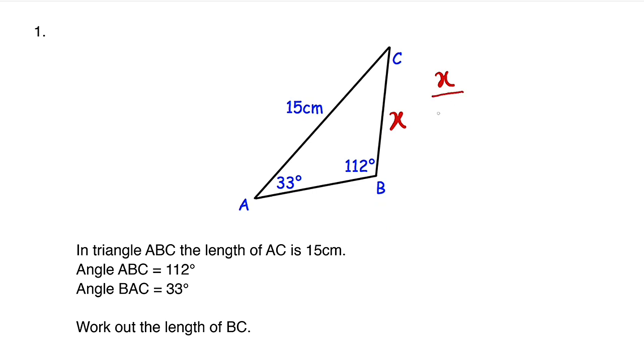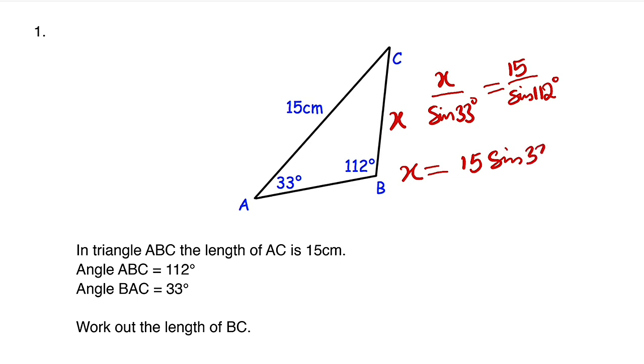So X divided by the sine of the angle opposite to the side, which is 33 degrees, must be equal to 15 divided by sine of 112 degrees. To find X, you multiply both sides by sine of 33, so X is equal to 15 multiplied by sine of 33 degrees divided by sine of 112 degrees.